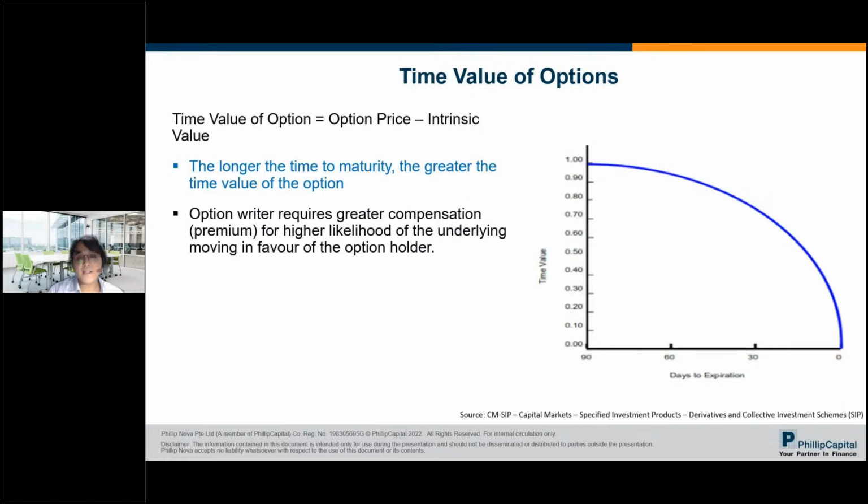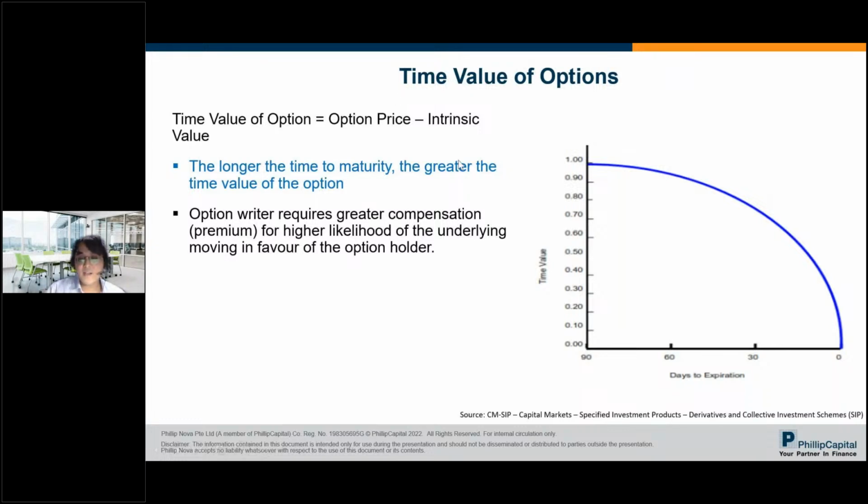On the other hand, let's say the time to maturity is shorter, maybe 1 or 2 days. The option only has 1 or 2 days to move in favor of the option holder. So there's less likelihood that the option writer may see a loss.